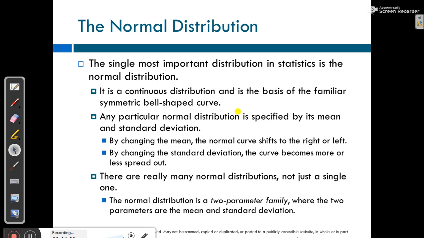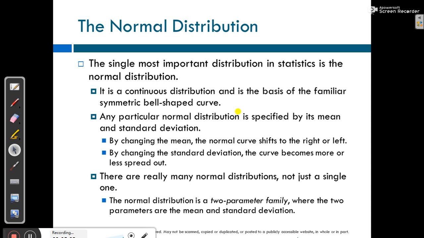By changing the standard deviation, the curve becomes more or less spread out. It means if we reduce the standard deviation, then the data will be more around the mean and the spread will be less. But if the standard deviation is high, then the spreading of the data will be higher, and that is why the shape will be more spread out, and the data will not be as close to the mean.